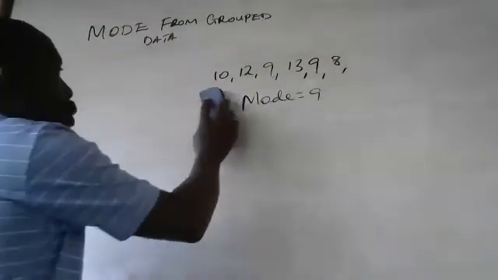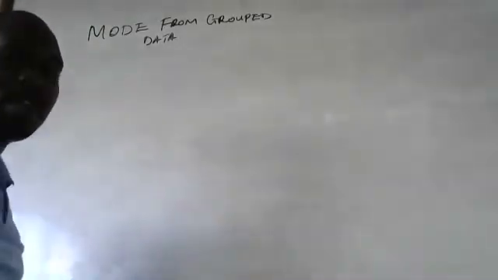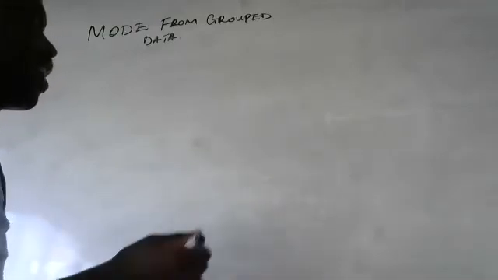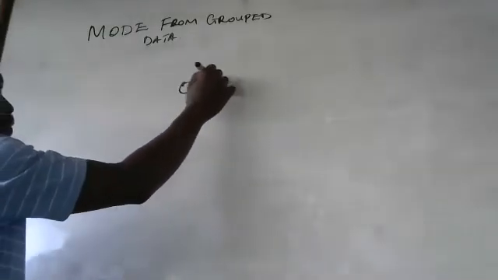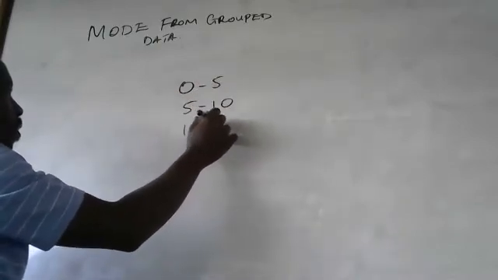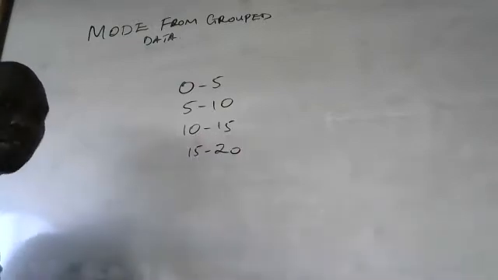But now, when we have got grouped data, remember grouped data, we said it is data which has been organized into classes, like a class of 0 to 5, 5 to 10, 10 to 15, 15 to 20, and so on and so forth.